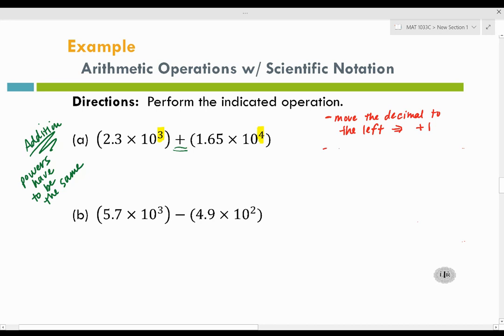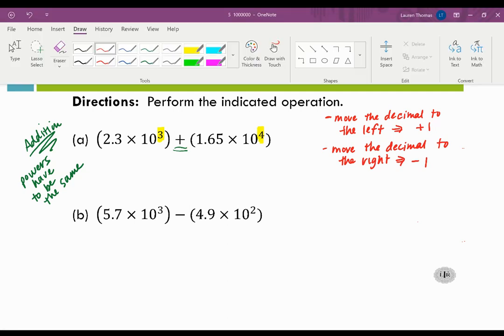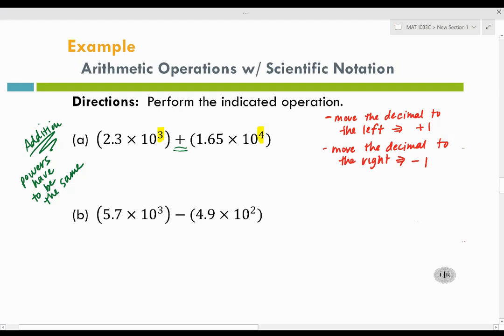If you need to move the decimal to the right, then it's going to be the same thing as subtracting 1 from the power. So if you keep that in mind, you'll help yourself when you're solving these problems. All right, so it does not matter which one you fix, okay? So let's see. I guess I'll fix the first one.